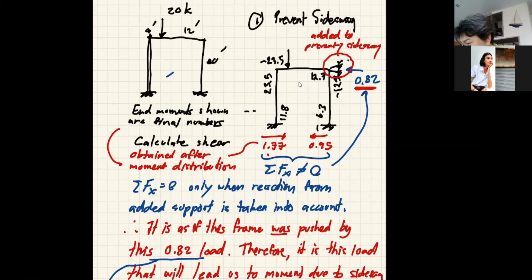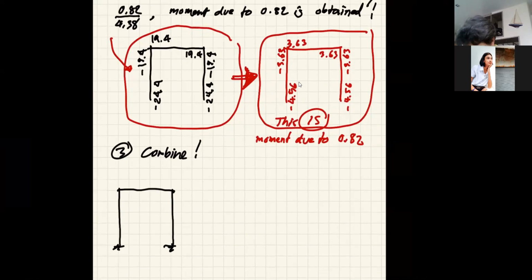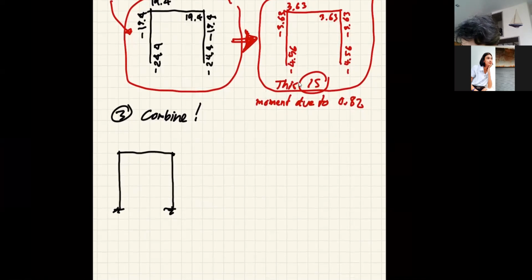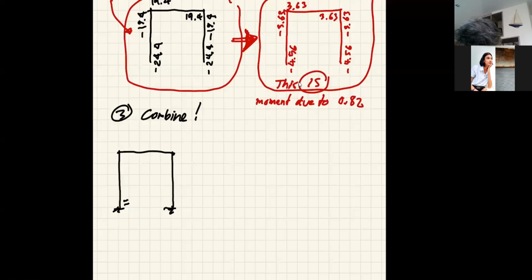It's this one, right? 11.8 here, 23.5, minus 23.5, 12.7, minus 12.7, and then minus 6.3, and then this one.